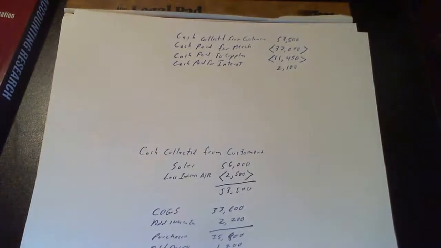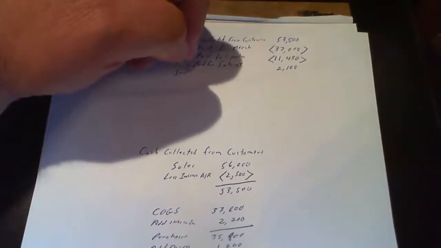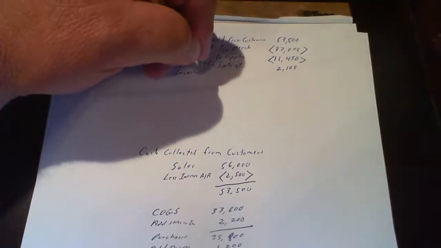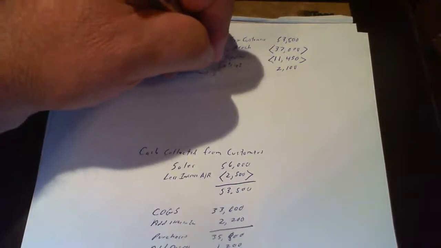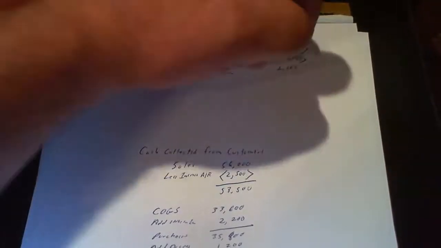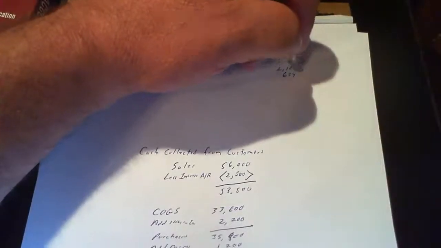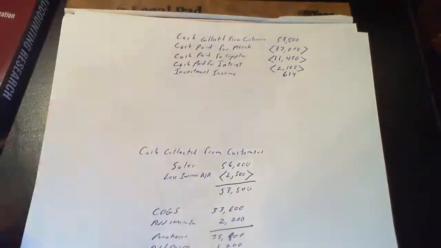We also will have investment income received. Investment income was 634 off the income statement. So that should have been a negative. Now the investment income is a positive. That came in.